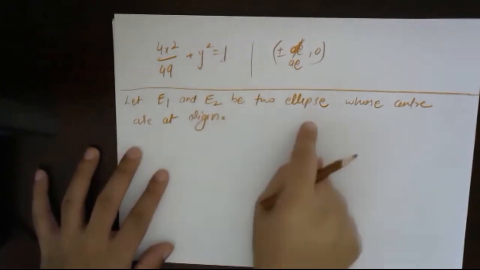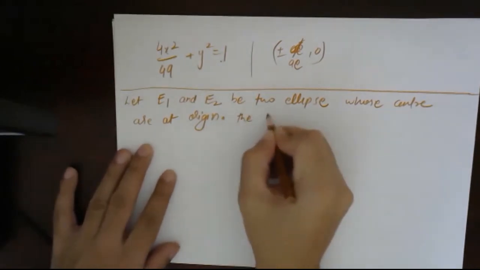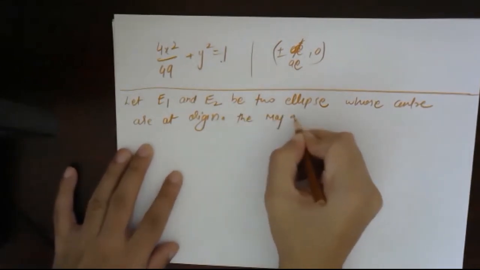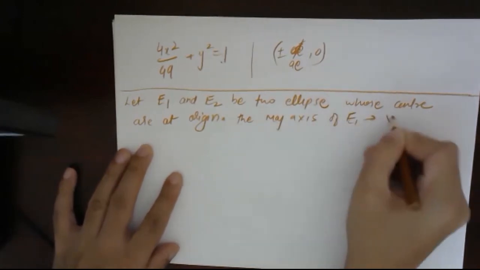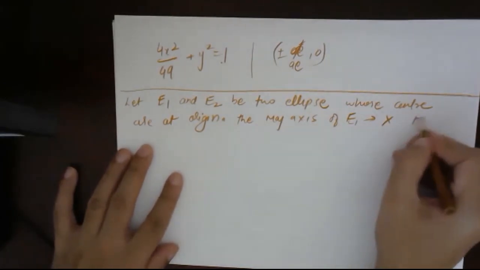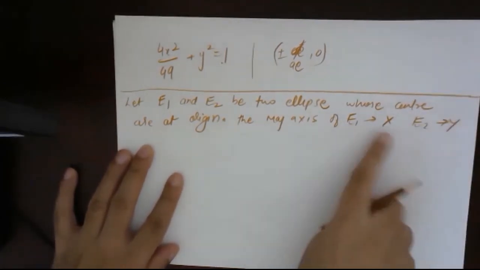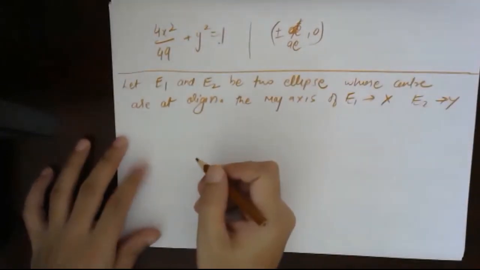Okay, these are two ellipses whose centers are at origin. The major axis of E1 is along X, and major axis of E2 is along Y. Right? So I'm writing in short form, and I don't want to write the whole thing so that it will be easy for you to see also.